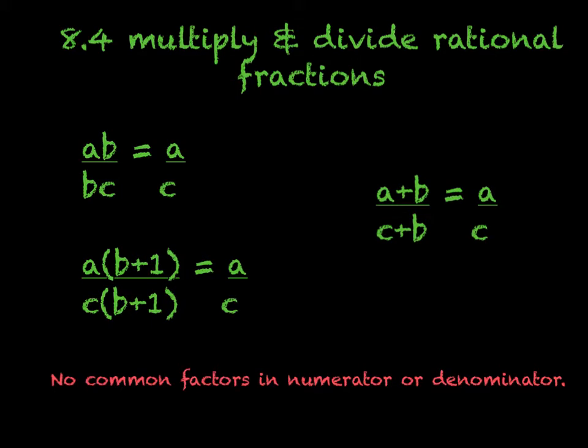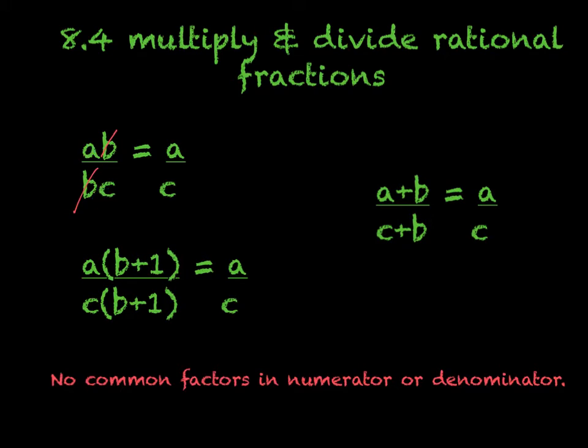To multiply and divide rational fractions, you need to simplify them so that there are no common factors in the numerator and denominator. In this first example, these would be called factors. These are multiplied together, A times B over B times C. B is a common factor on the numerator and denominator, so I'm going to cross it out, and I'm left with A over C. Same thing here.